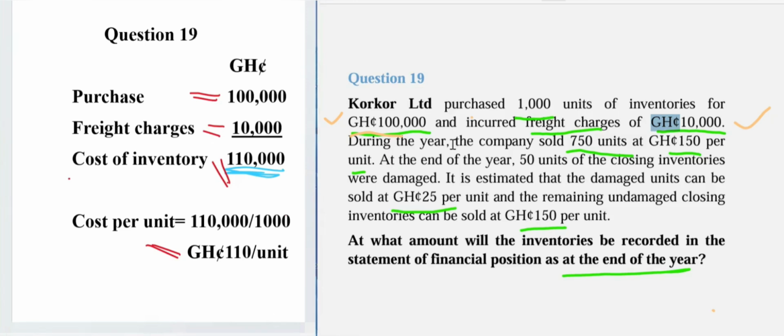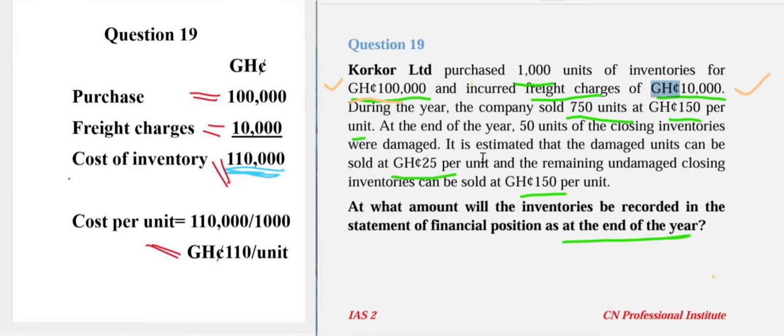Now, let's come back here. How many units were bought? They bought 1,000 units. Cocoa Limited purchased 1,000 units, right? But during the year, the company sold 750. So if they sold 750, then how many will be in the inventory? How many will not be sold at the year end? 250 will not be sold at the year end.